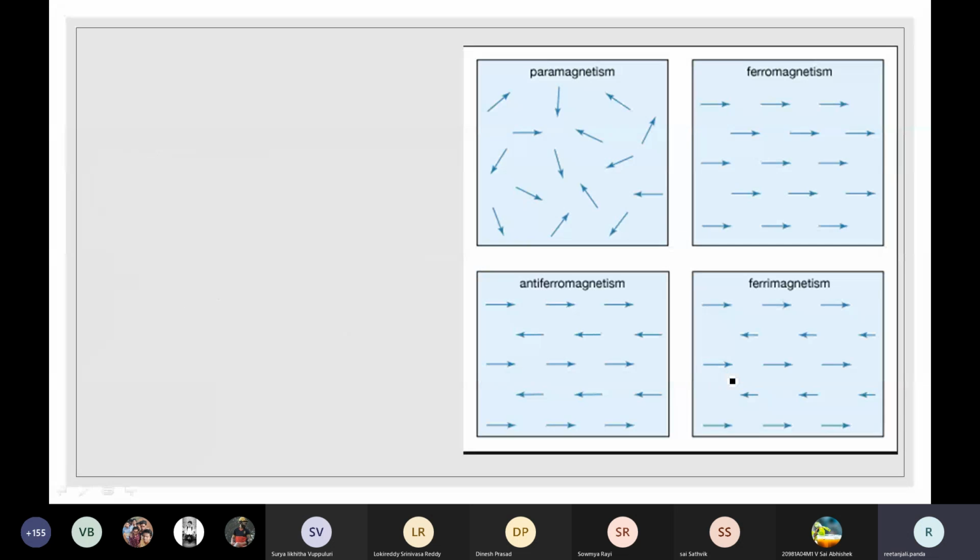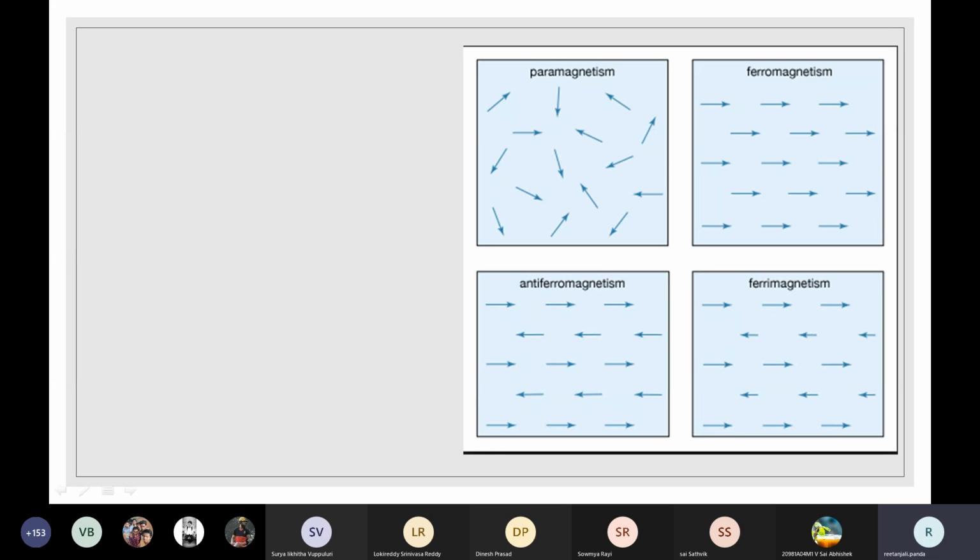Now you see here the four types of magnetic dipole moment arrangements are represented. Whenever you place a paramagnetic material in a magnetic field intensity, the magnetic dipole moment arrangement is in random directions.